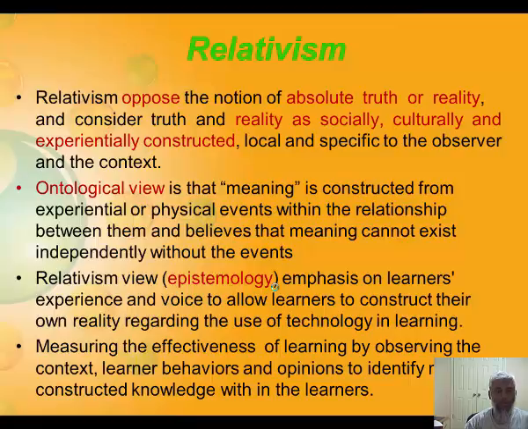The relativist view emphasizes learners' experience and voice, allowing learners to construct their own reality regarding the use of technology in learning. Measuring the effectiveness of learning is done by observing learners' behaviors and opinions to identify newly constructed knowledge within the learners.